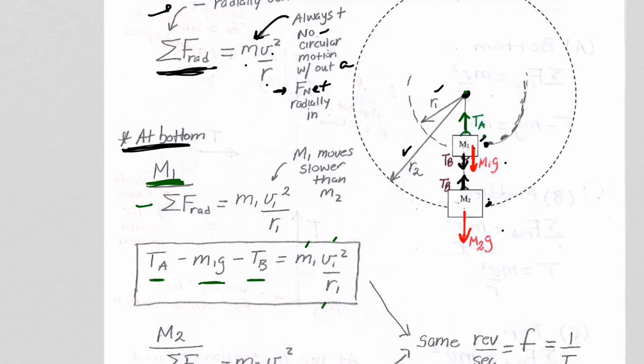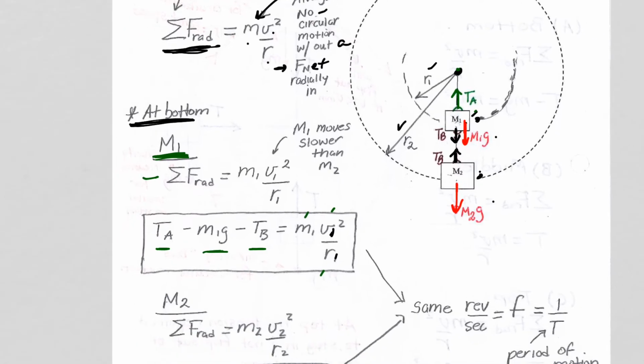However, mass 1 is on the inner radius, so it has a much smaller distance to travel. So mass 2 is actually going to be moving much faster than mass 1. So I can't just label them with the same v's. So M1 has its own speed, V1, and obviously the radius is different, so we have R1. I'm just going to box that and go on to M2.